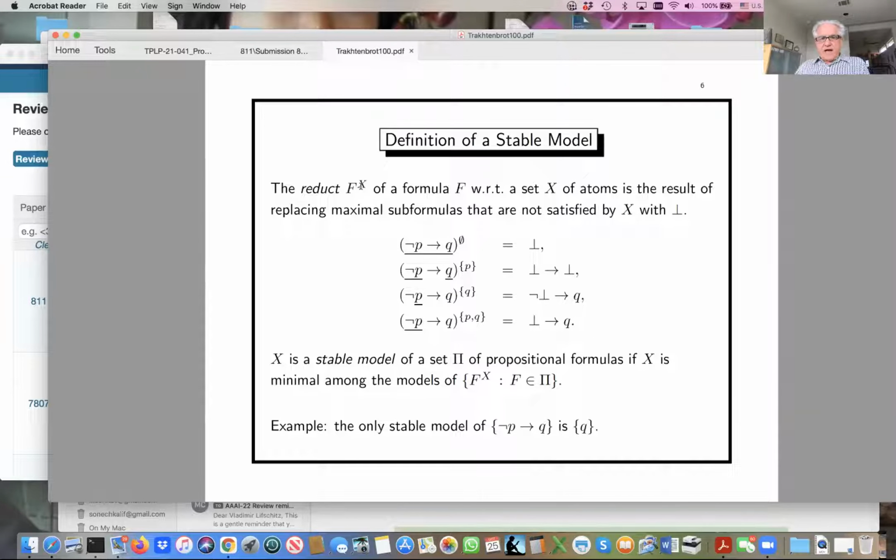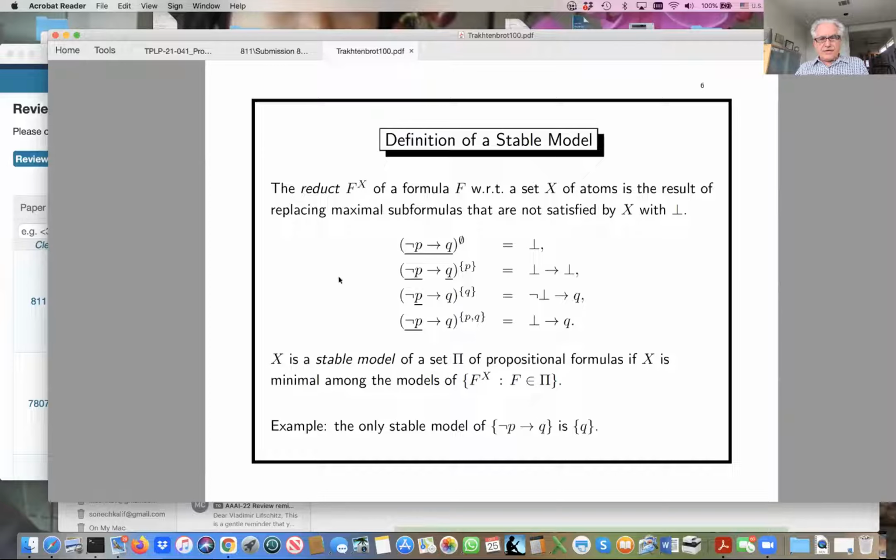This process of constructing the reduct consists in identifying the subformulas of F that are not satisfied by X. Among those, we only take the largest, maximal, subformulas, that are not contained in even larger subformulas that are not satisfied by X. And then we take each of these subformulas not satisfied by X and replace each of them by the falsity symbol bottom.